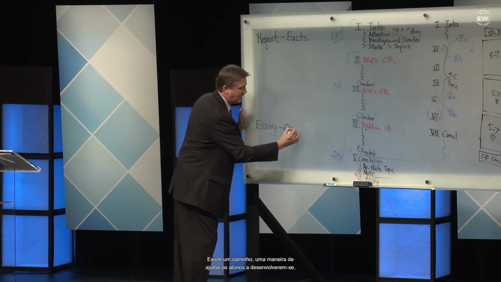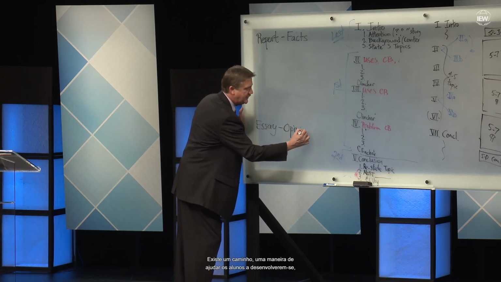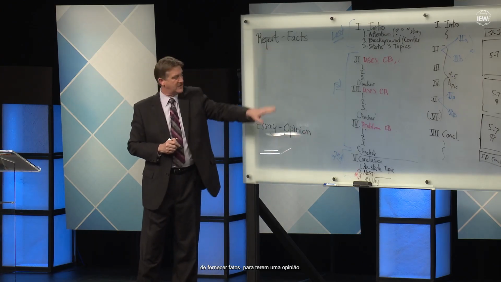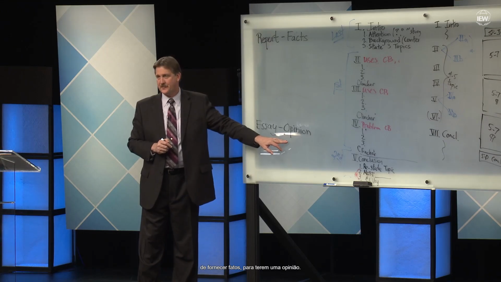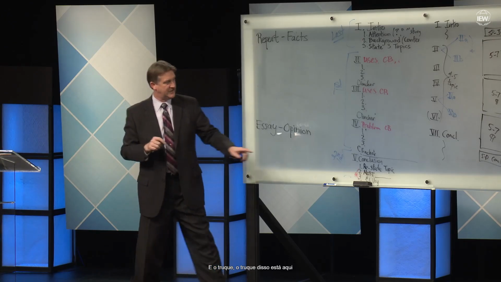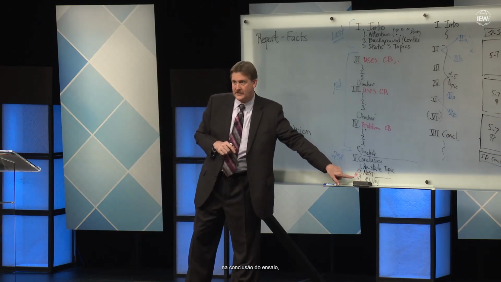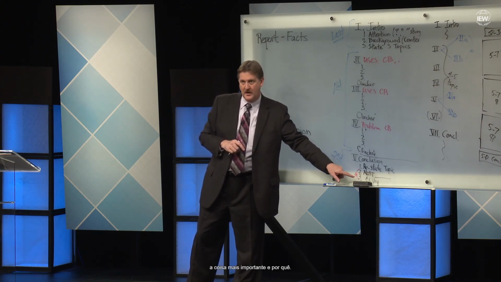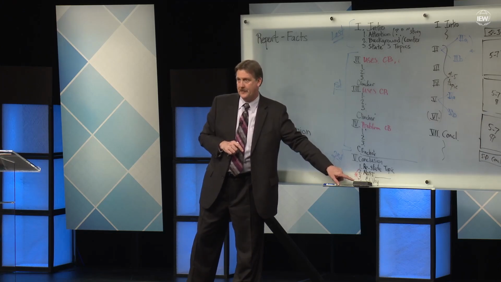There is a pathway. There is a way to help students move from giving facts to having an opinion. And the trick of it is right here in the conclusion to the essay, most significant thing and why.